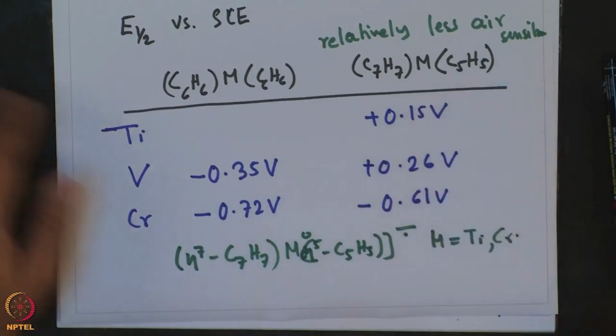quite stable. So, this is an interesting piece of information that we get about the air sensitivity of these C7H7 metal complexes. What we see is that the combination of C7H7 metal C5H5 is equivalent to the combination of two C6H6 complexes of the metal.